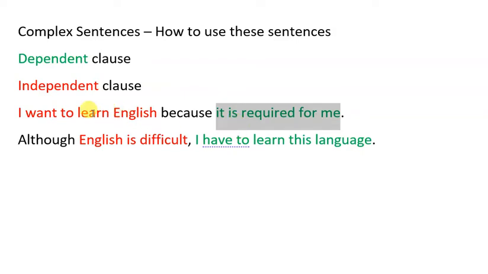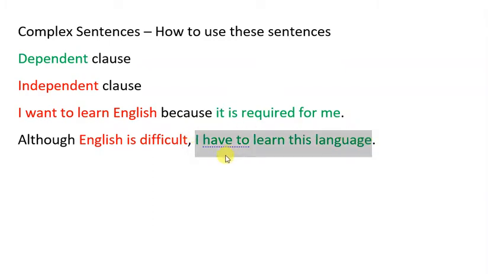Without that part of the sentence, this sentence is incomplete. Same thing here: I have to learn this language. If I'm not writing the other part, then which language? So this is an incomplete clause, and that is why it needs an independent clause. Got it?